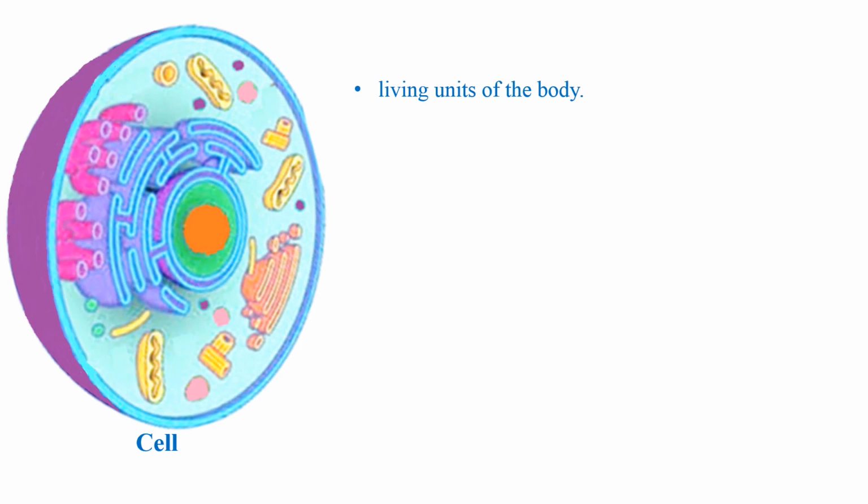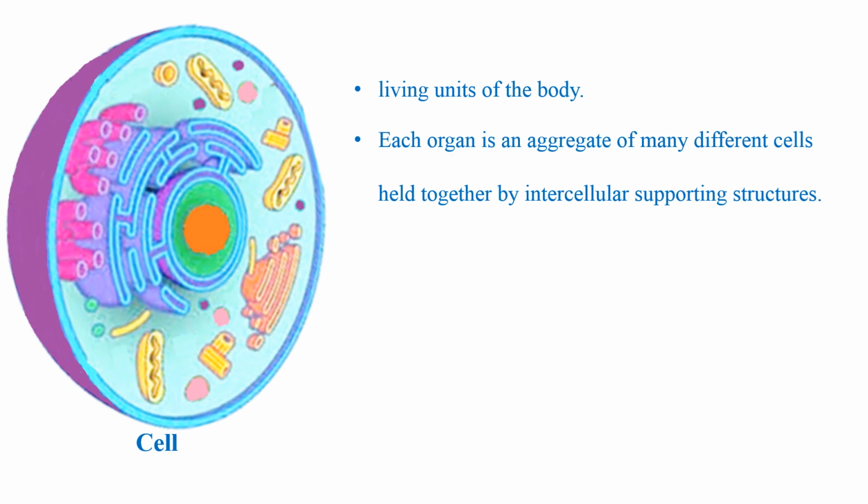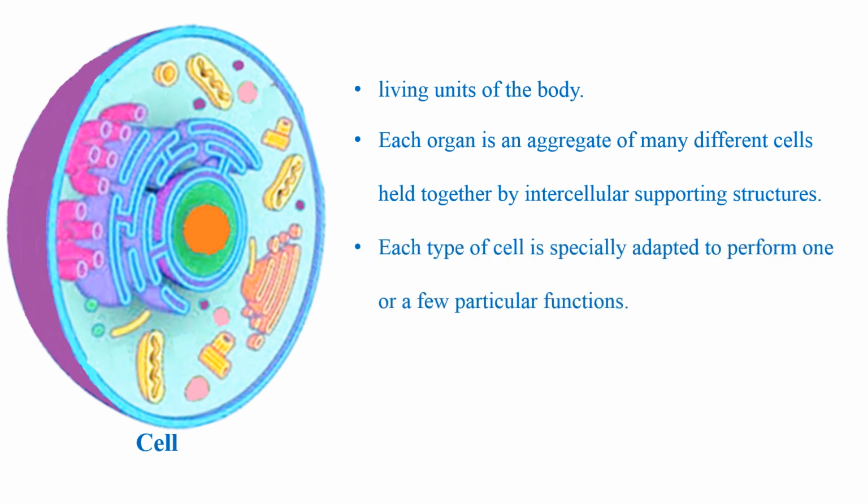Cells are the living units of the body. Each organ is an aggregate of many different cells which are held together by intercellular supporting structures. Each type of cell is specially adapted to perform one or a few particular functions.